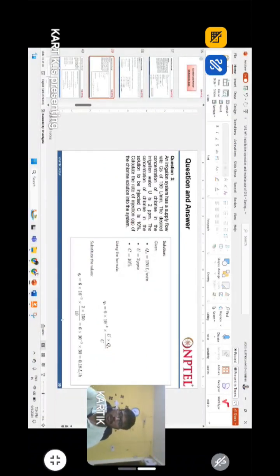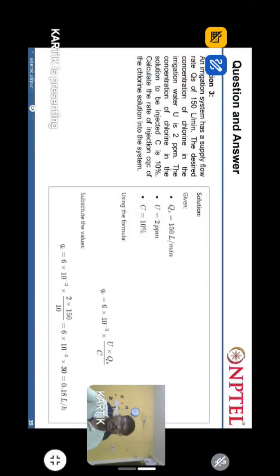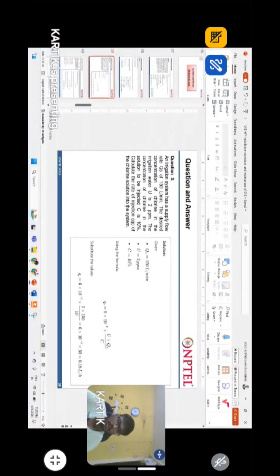So, right, this is U. That is given as 2 ppm. And the concentration of chlorine in the solution to be injected, C, is 10%. Calculate the rate of injection, that is QC, of the chlorine solution into the system.